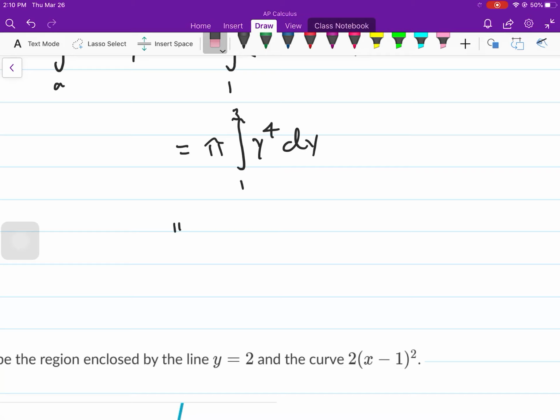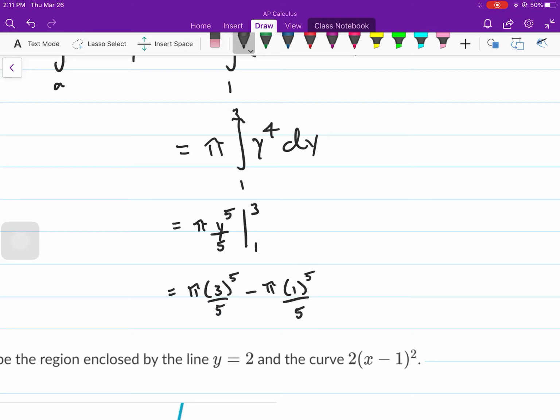So then that would be equal to pi y to the 5th over 5 from 1 to 3, which is pi times 3 to the 5th over 5 minus pi times 1 to the 5th over 5. 3 to the 5th, I've got to figure out what that is real quick. That's going to be 81 times 3, 243.